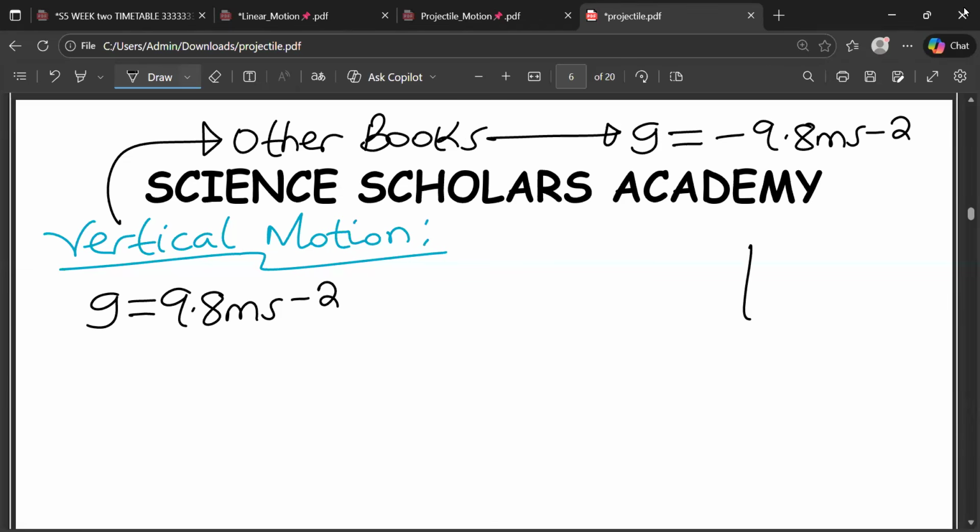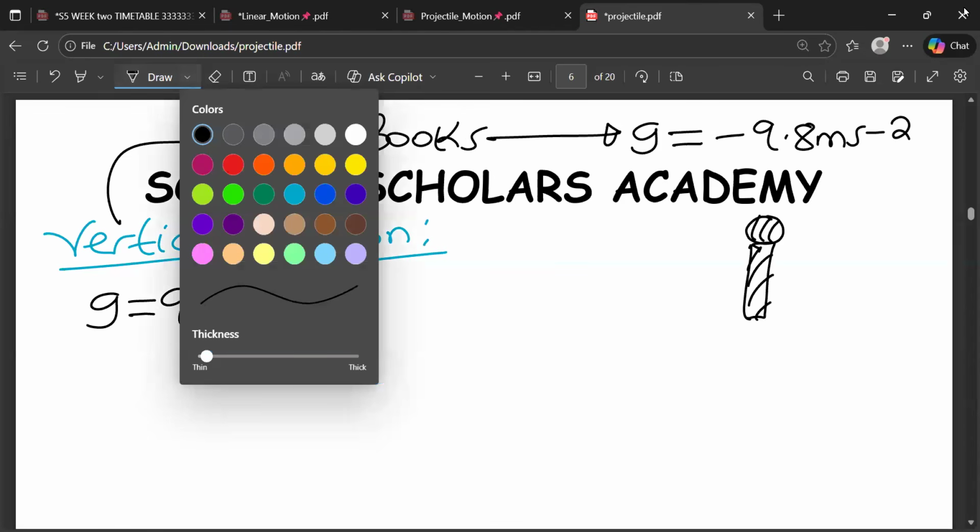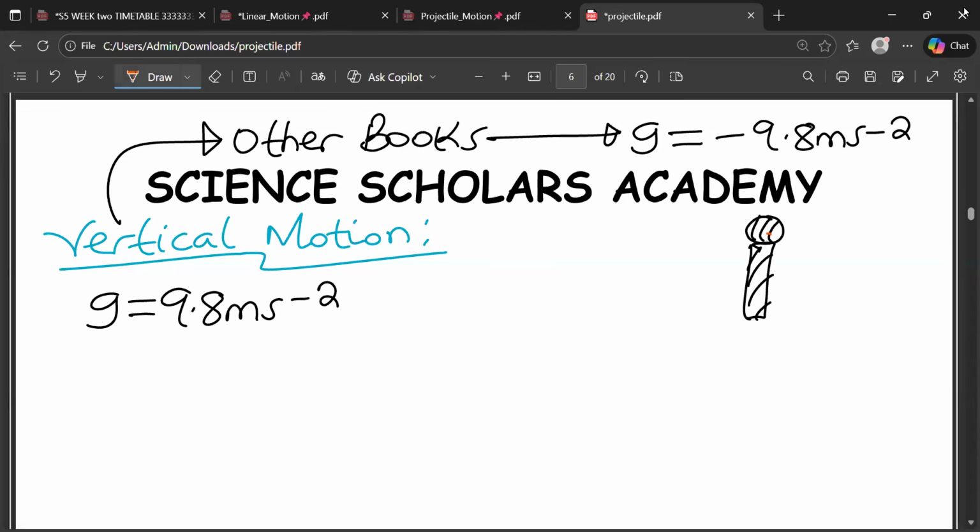Remember, we are projecting this body from a certain point above the ground. We are getting it from here. So most people in mechanics, not all of them, but some people always say that since we are starting our projection from a distance, this one will always be a negative. And I think you've heard that before.